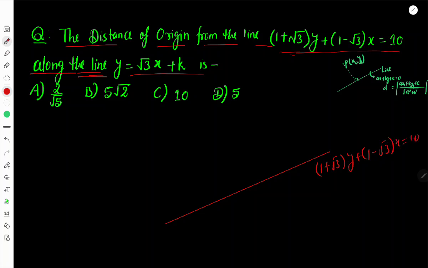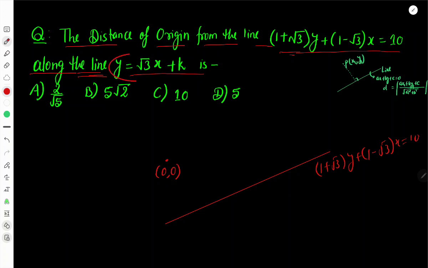After that, it is saying one more line is there. The origin is given, 0 comma 0, and it asks to find the distance of this origin point from this line, but along the given line.